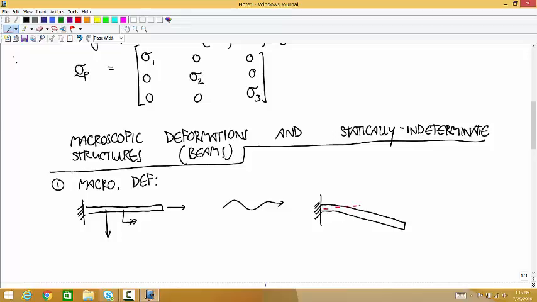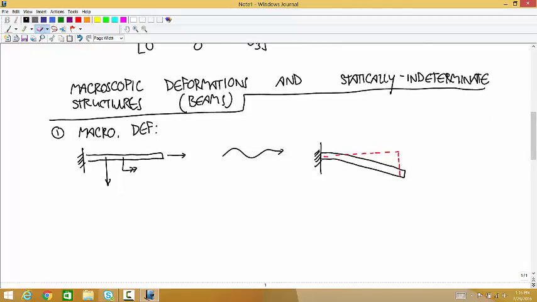And you can think of there's going to be some angle change due to that downward force, and there's going to be some length change due to that tension, and there's also going to be some twisting of the beam due to the torsion. And so you could talk about what the displacement is of the end of the beam compared to its resting orientation.